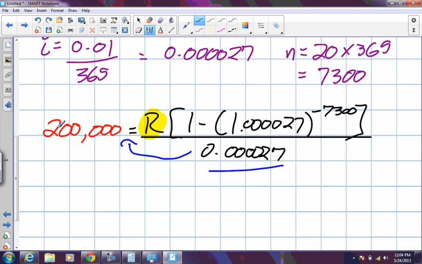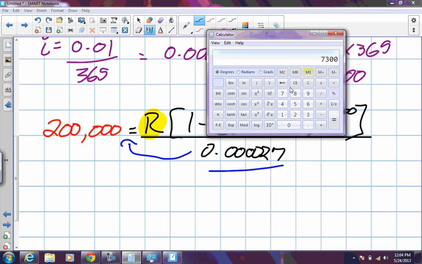Now, I've kept that number in my calculator. 0.12347 times 200,000. Is that right? Yeah, that's right. 5.4. Really small.